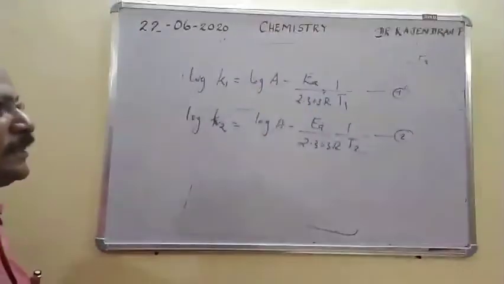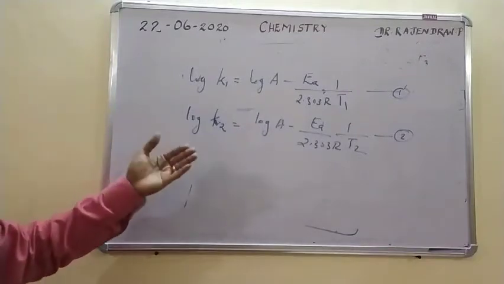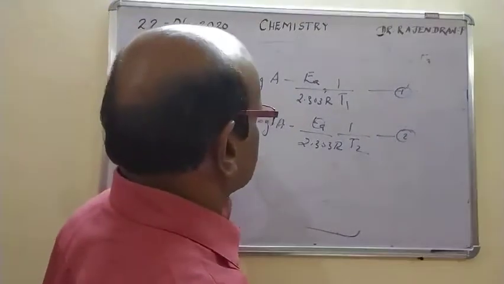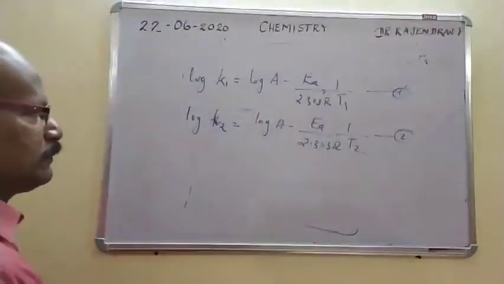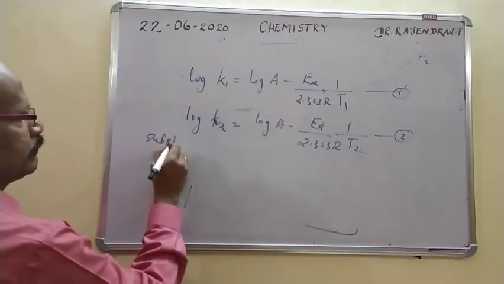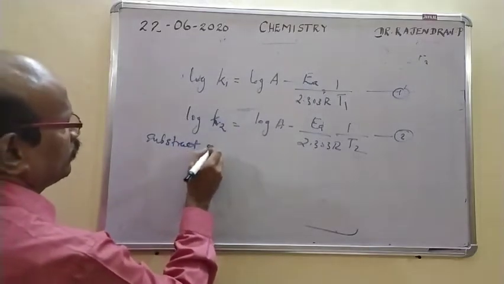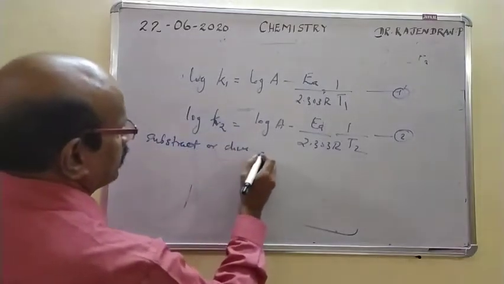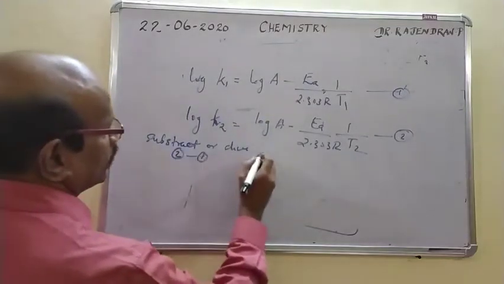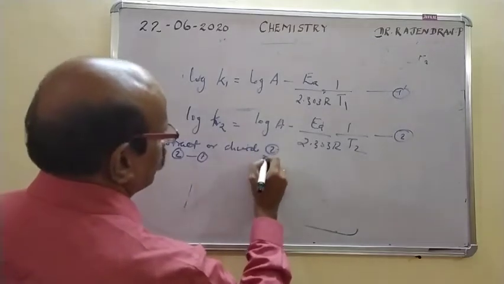Then divide equation 2 by 1, or subtract, whatever the method, you subtract 2 minus 1 or divide 2 by 1.